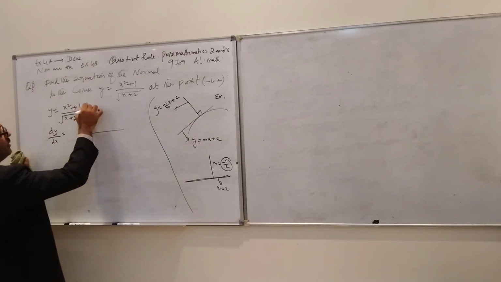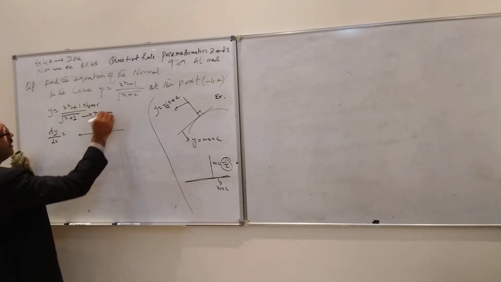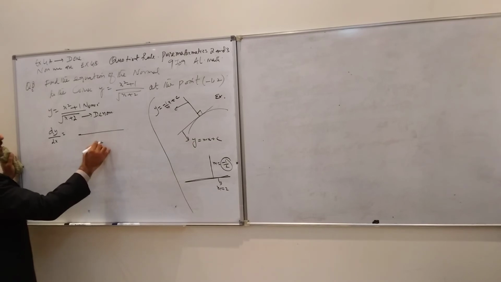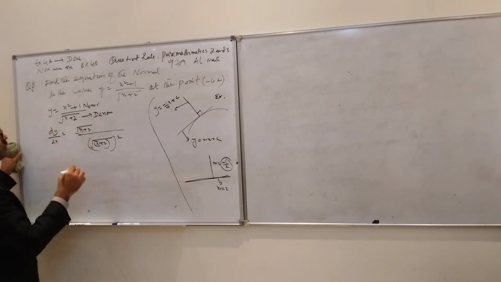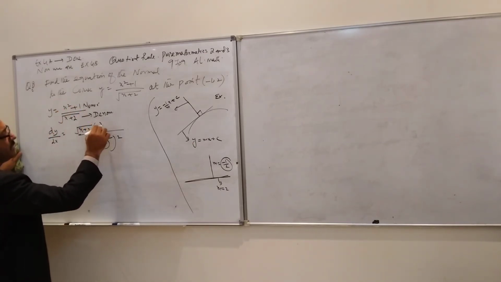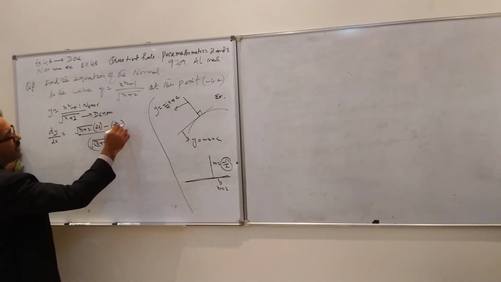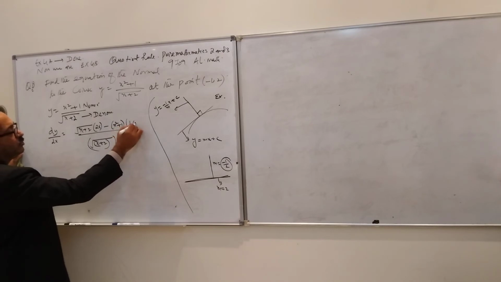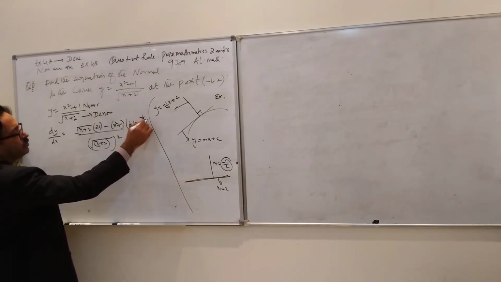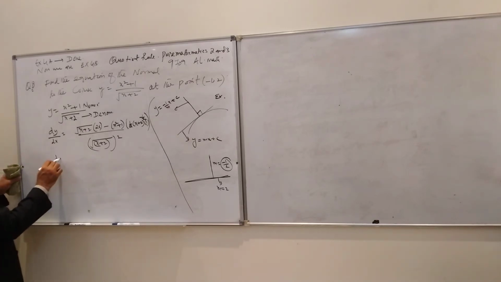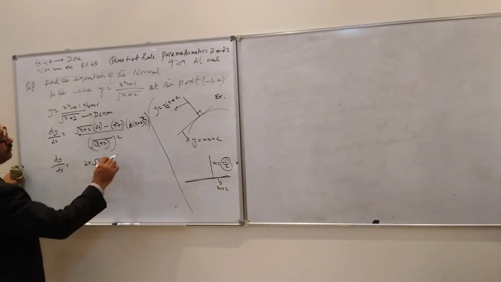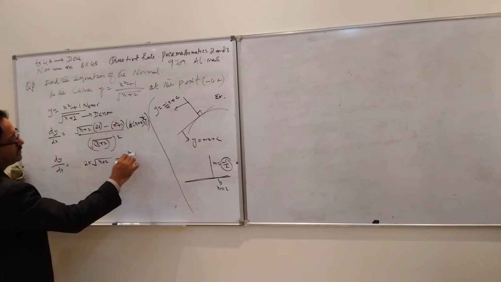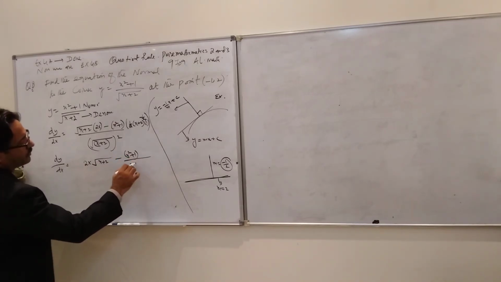This is the numerator, this is the denominator. The quotient rule says: denominator squared, then the denominator √(x + 2) times the derivative of the numerator, which is 2x, minus the numerator (x² + 1) times the derivative of the denominator, which is 1 over 2√(x + 2).